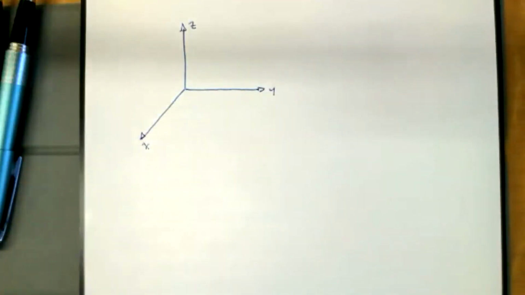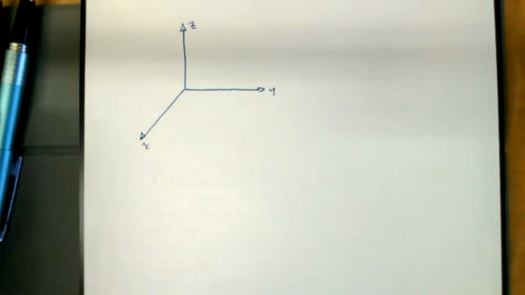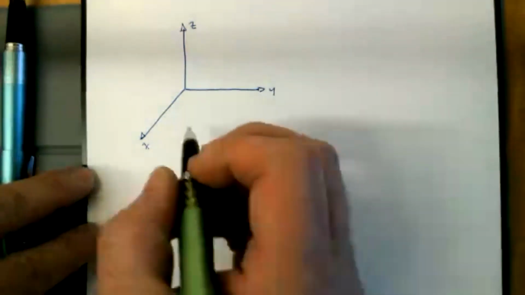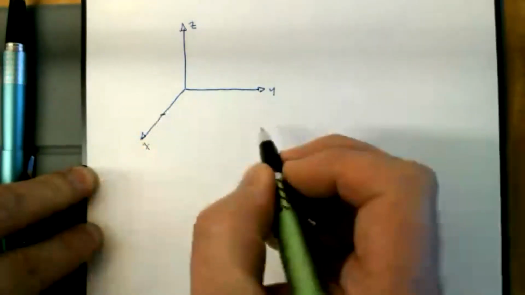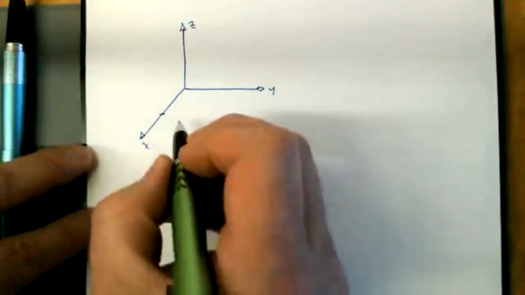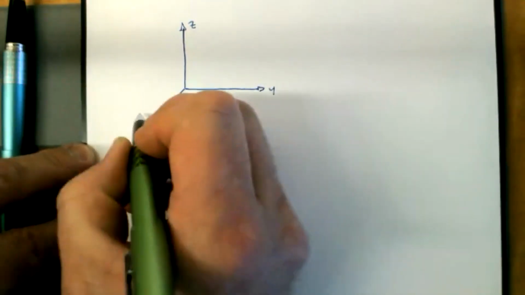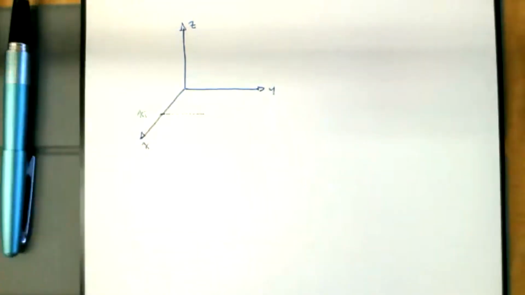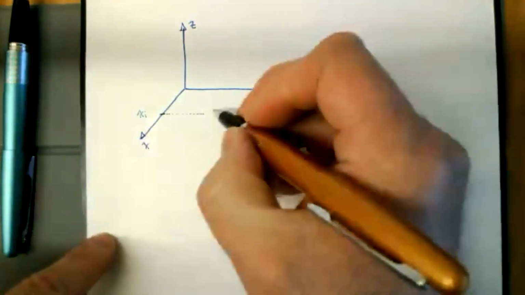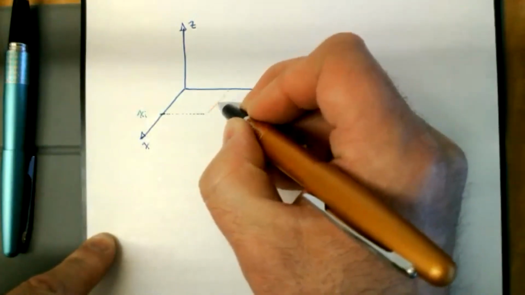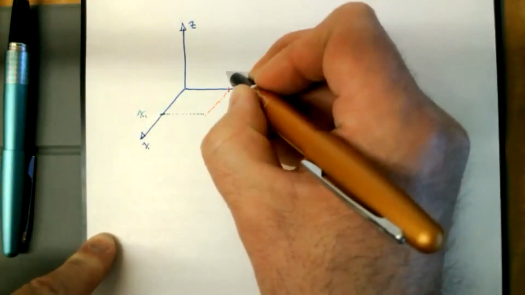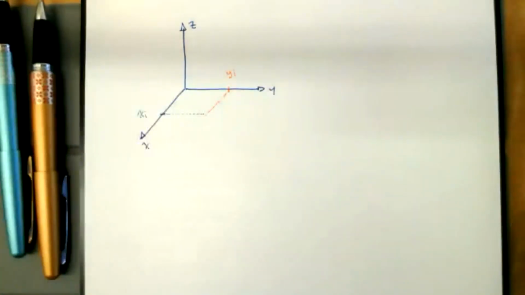So let's imagine our X, Y, and Z axes. In the XY plane, we'll have some point xi, yi, and then we'll calculate the height of the function above that point.